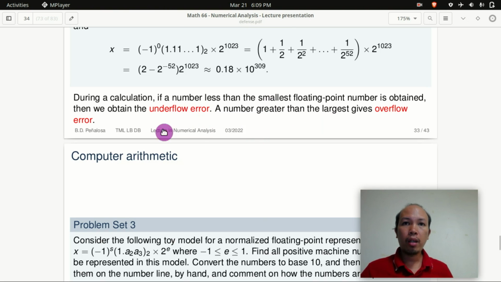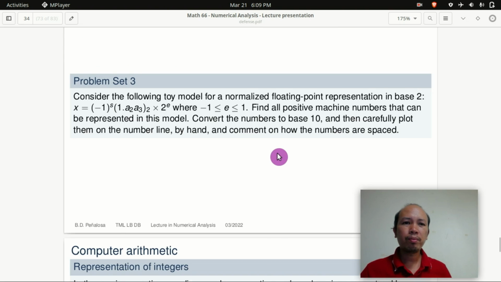So anyway, this is your problem set. This problem set is a toy model for a normalized floating point representation in base 2.